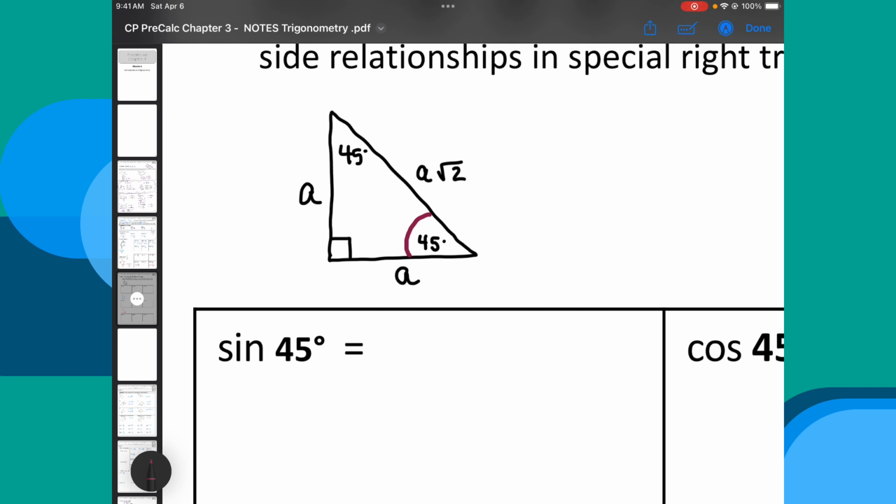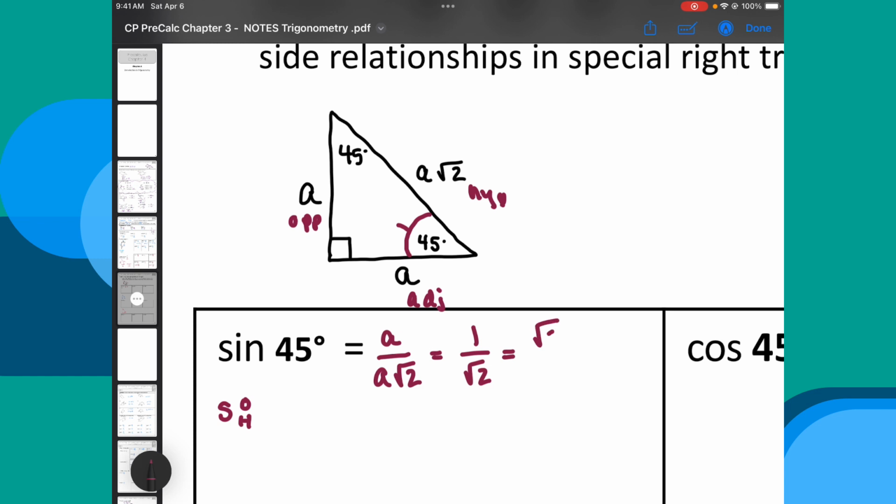So we know that sine is opposite over hypotenuse. It doesn't matter which one of the 45s I deal with, but I label that one for you. This side over here is going to be the opposite. This side would then be the adjacent, and then this one is the hypotenuse. So if I do opposite, which has a measure A, over the hypotenuse, A square root of 2, we can simplify that into 1 over square root of 2.